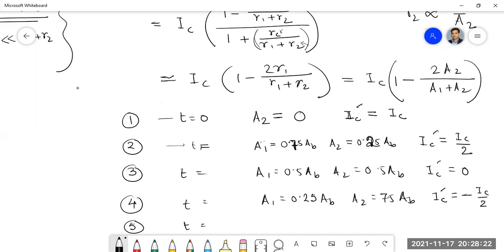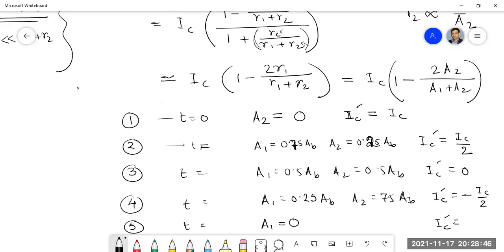And t equals to something value, I am just telling you later. What is the A1 value there? What should I write? A1. Sir, 0. And what is the IC prime value? কি হবে বলো?